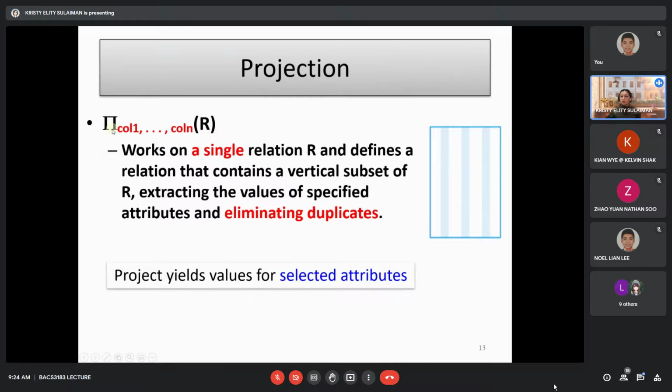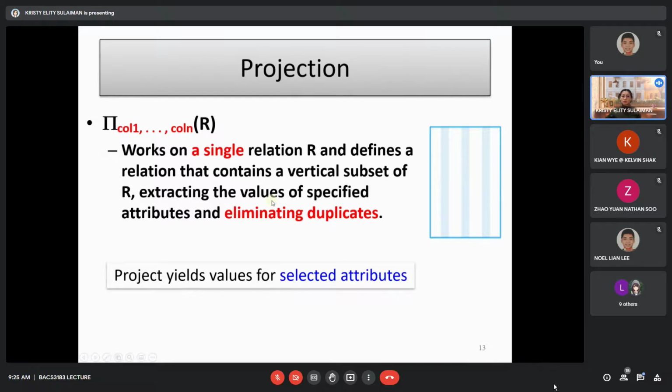This one also works on a single relation, R. A single relation refers to a single table, and it defines a relation that contains a vertical subset of R, which only extracts the values of R with specified attributes, and it will eliminate duplicates.